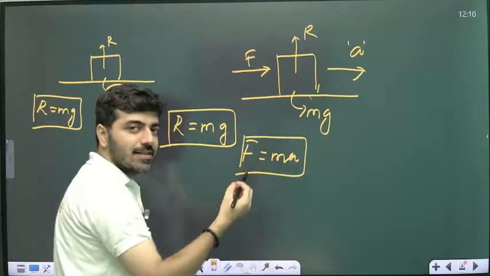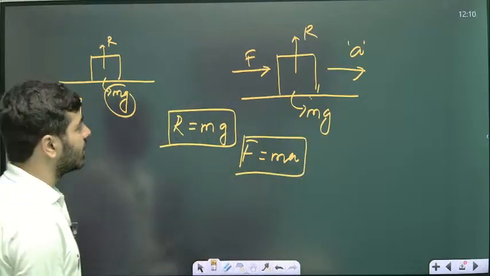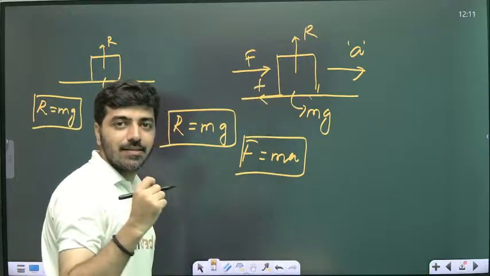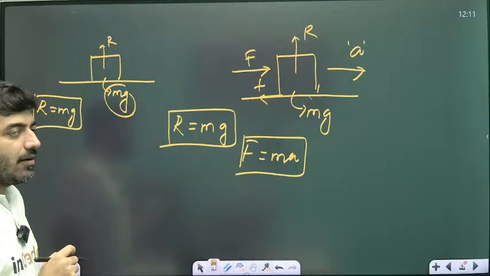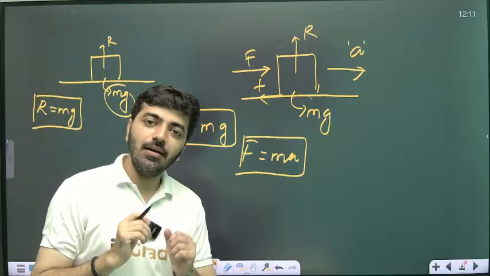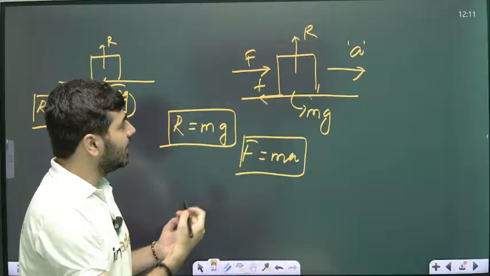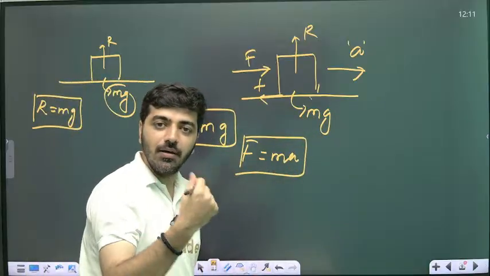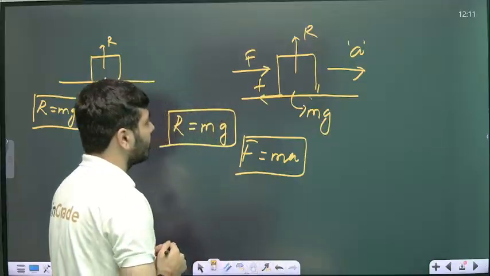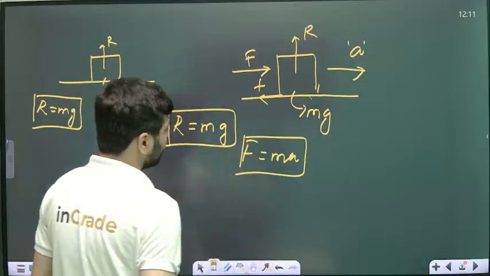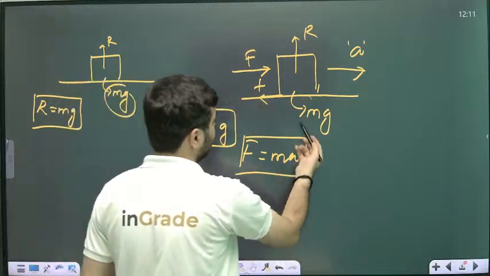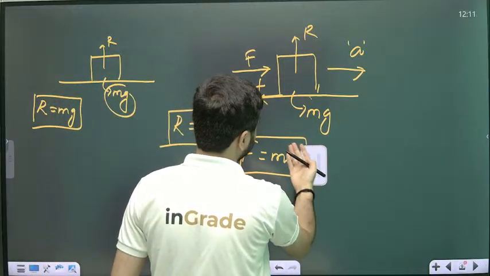In the next example, I take the friction part. Let's say friction will be acting in this direction. It means that friction always opposes the motion. If a body is moving in the forward direction, then the friction will act in the backward direction. If we balance the forces, what will be the equation of motion?